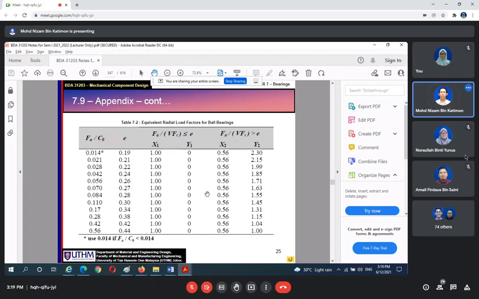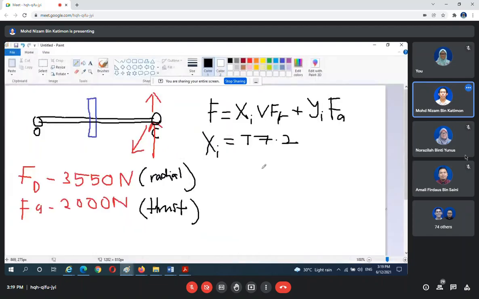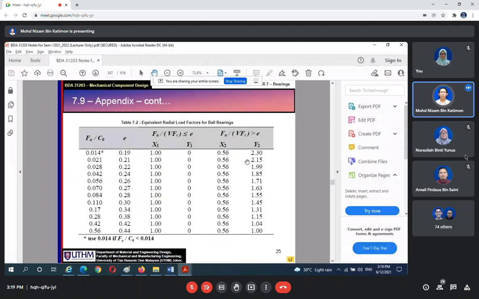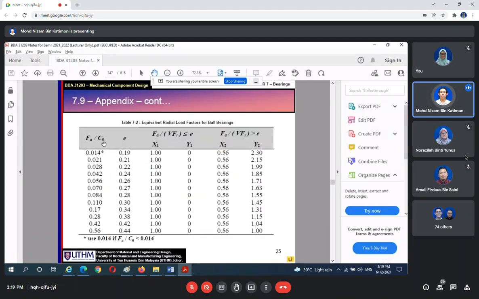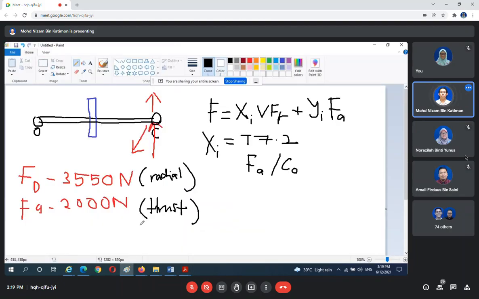We need to find the value of it. Before that, we need to know what is Fa divided by Co. What is Co?